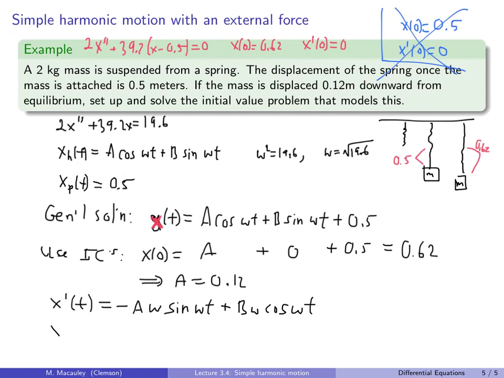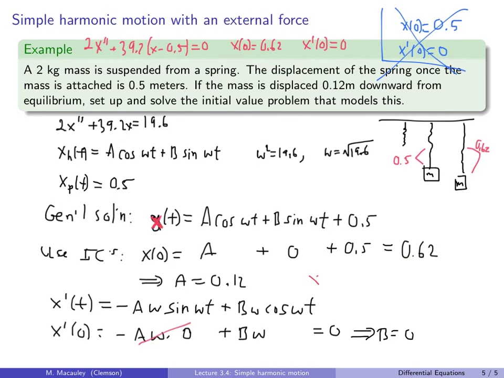So let's plug in 0 into this. X prime of 0 equals negative a omega times 0, actually, so it really doesn't matter, plus b times omega times 1, and that equals 0. So that whole thing is 0. Omega is not 0, it's root 19.6, and so that means that b better be equal to 0. B equals 0.